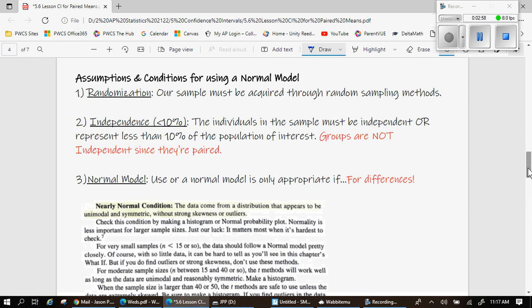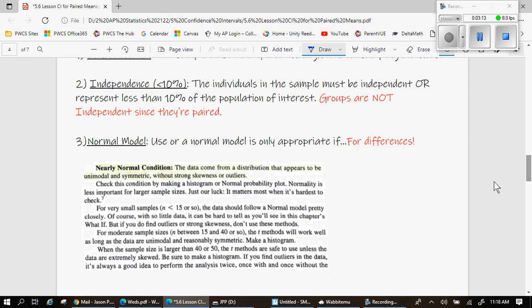When we pair them and we find the set of differences, those differences need to be independent, or we need to have less than 10% of our population sampled. And that's usually how we assess that. The normal condition still is the same, but we analyze not each group, we analyze the differences in the group. So that's why I put that stuff in red.